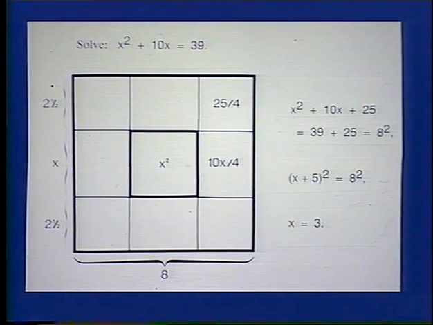If x squared plus 10x equals 39, then the whole square has area x squared plus 10x plus 25, which is 39 plus 25, which is 64, which is 8 squared. And so one side of the big square must have length 8, and thus 2.5 plus x plus 2.5 equals 8, and so x equals 3.